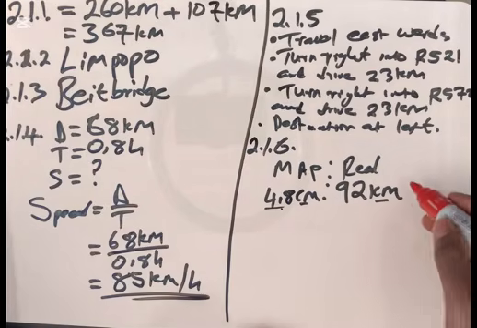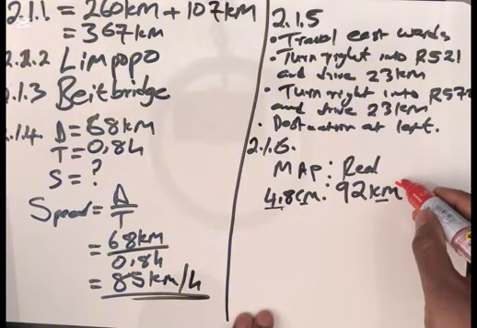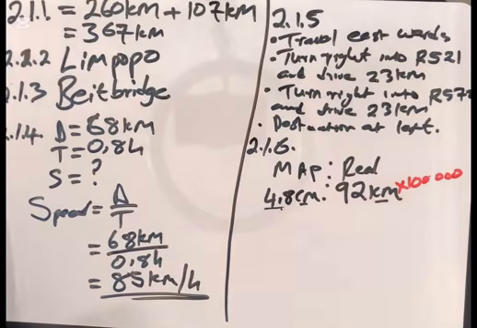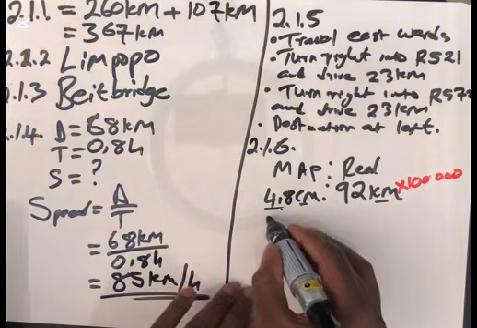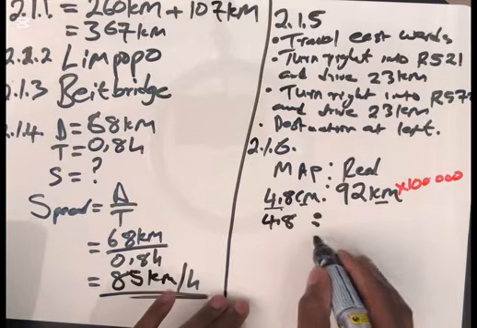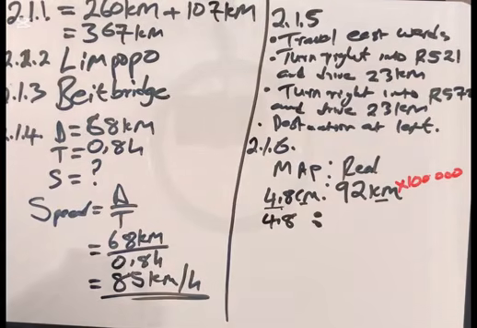So now we are going to convert this to centimeters by multiplying it by 100,000. The converting factor between centimeters and kilometers is 100,000. Now we say 92 multiplied by 100,000.